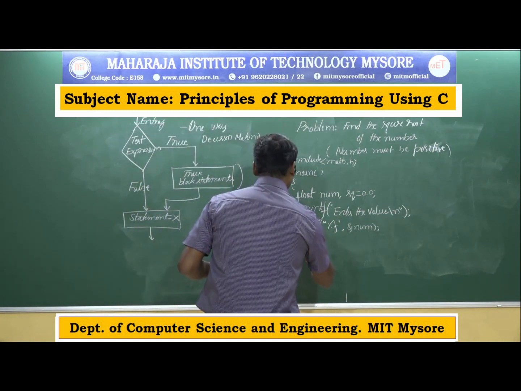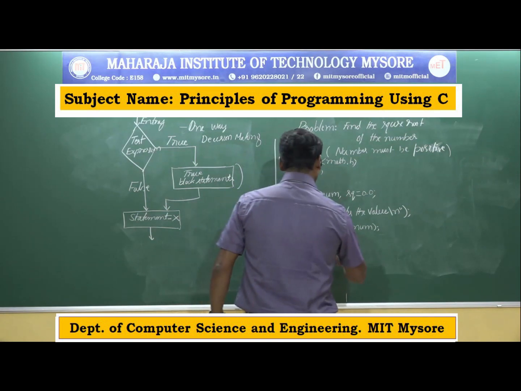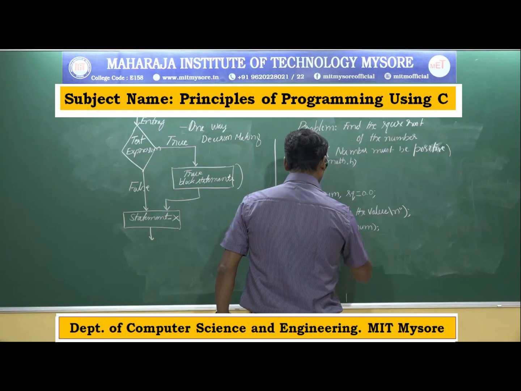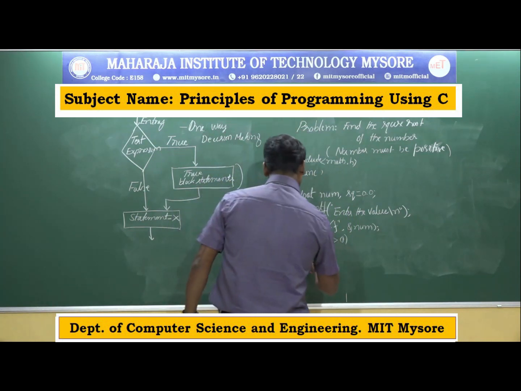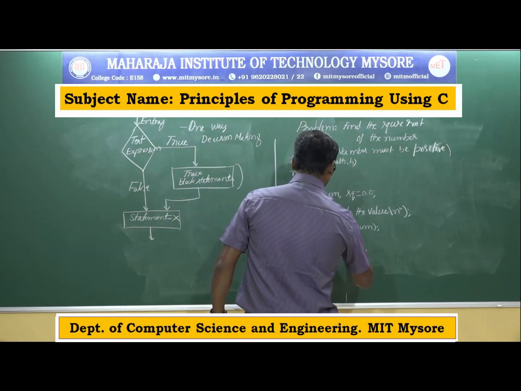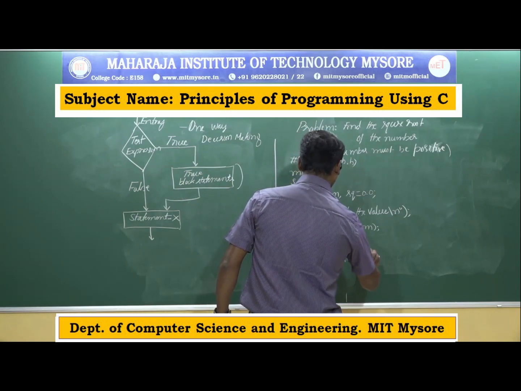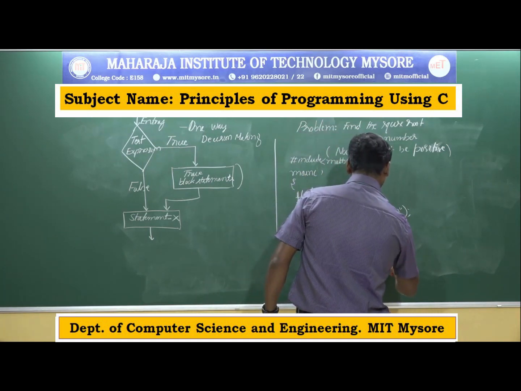So here I will put the condition: if num greater than 0, it is a positive number, then I will calculate sq equal to sqrt of num.